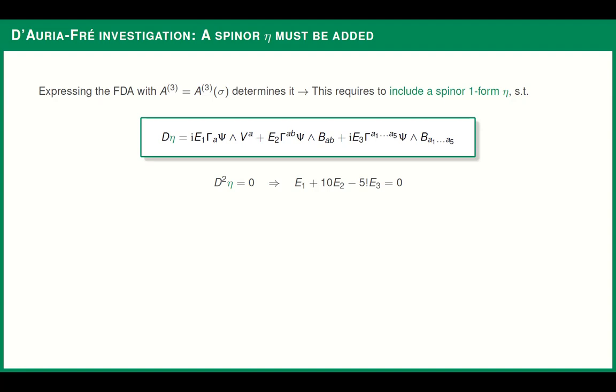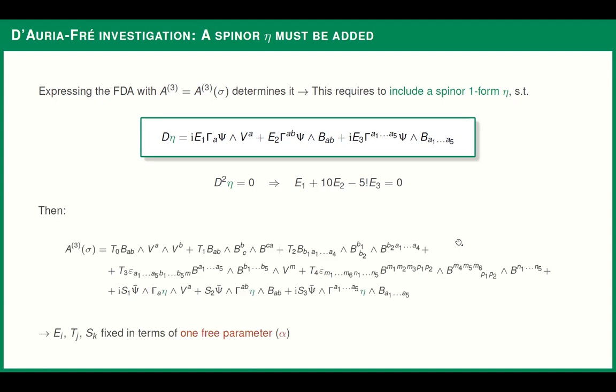So the D2 closure of this expression, we have essentially one coefficient which will be the normalization of it, and the other two are fixed by this equation and by this requirement. So now we include this extra spinor in the parameterization of the free form.